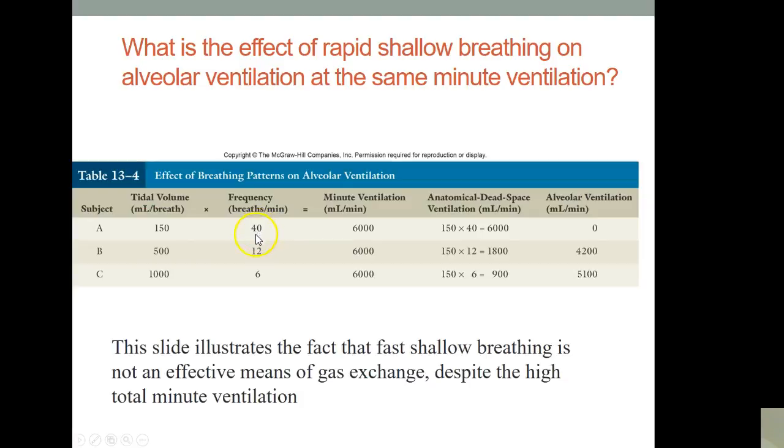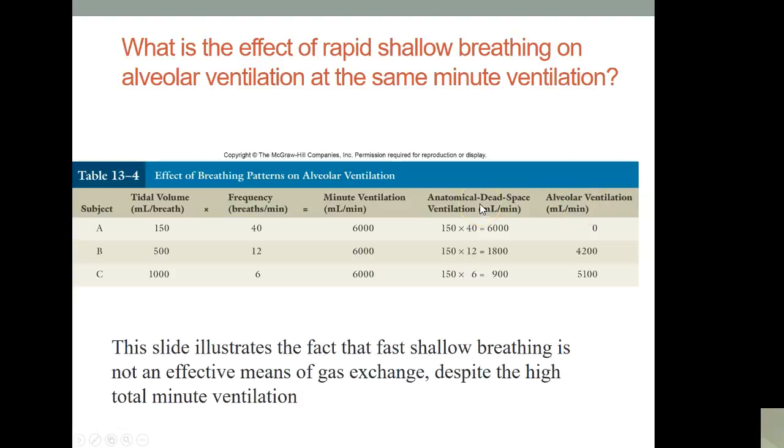They're breathing 40 breaths per minute. So if you look at just their minute ventilation, the air going in and out of their lungs, they're at 6,000 milliliters per minute. But if we want to figure out their alveolar ventilation, then we need to consider the dead space.